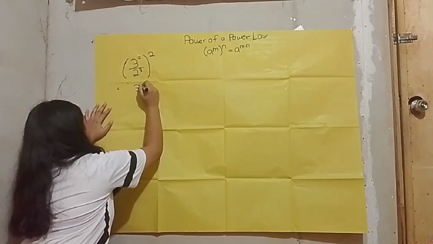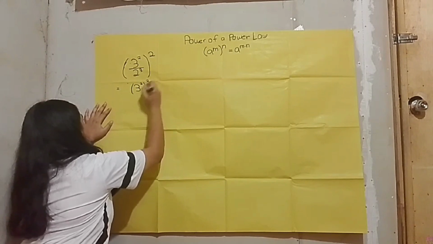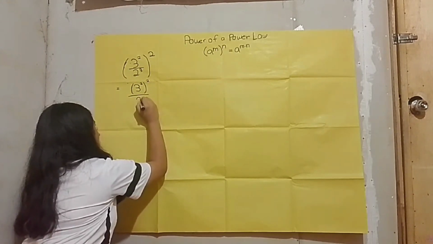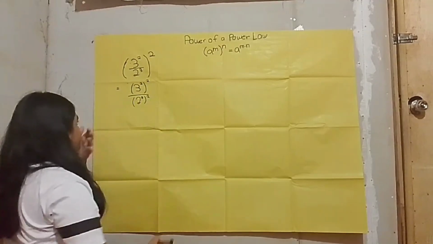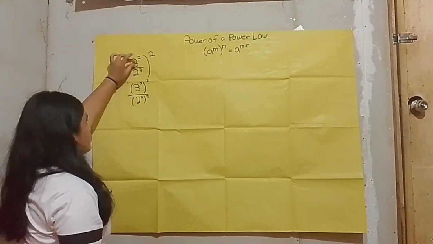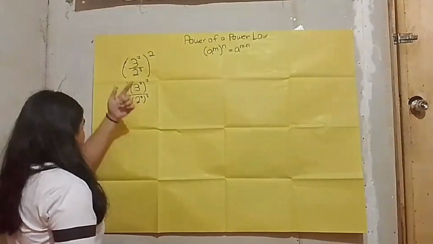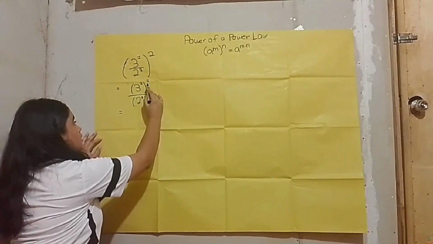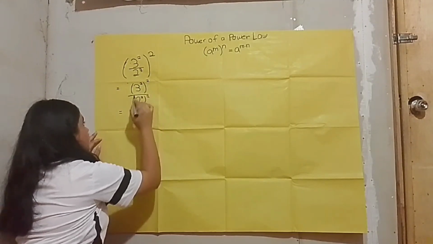So 3 squared, and this is to the power of 2, over 2 to the power of 3, parenthesis, to the power of 2. Separate them, both numerator and denominator, and apply the law. So multiply the exponents. 2 times 2 equals 4.